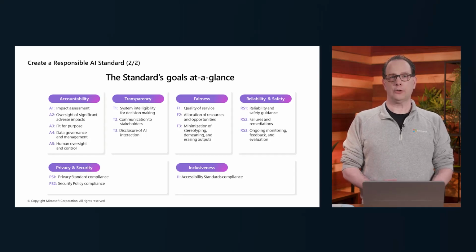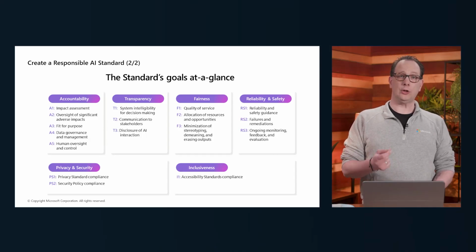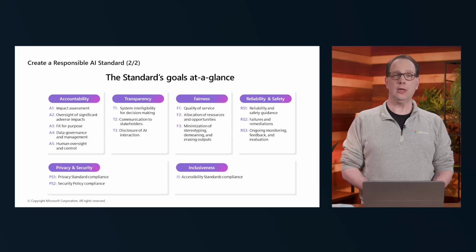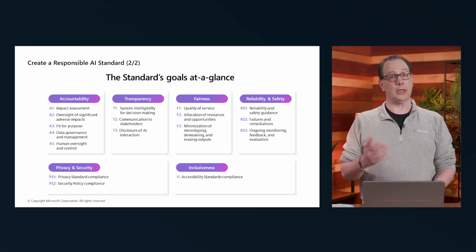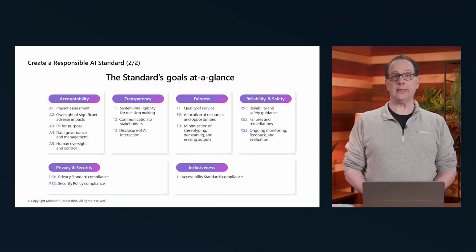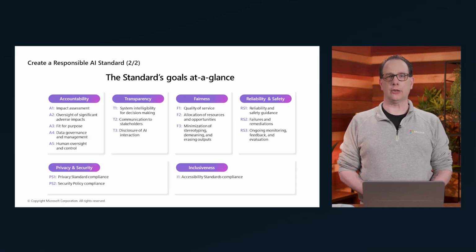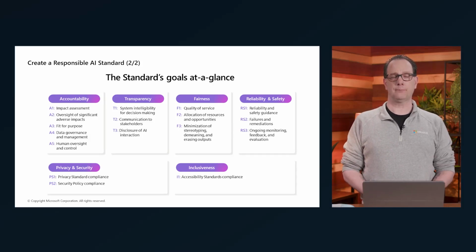Building up on that, the standard details concrete goals or outcomes that teams developing AI systems must strive to secure. These goals help break down a broad principle like accountability into its key enablers, such as impact assessments, data governance, and human oversight.